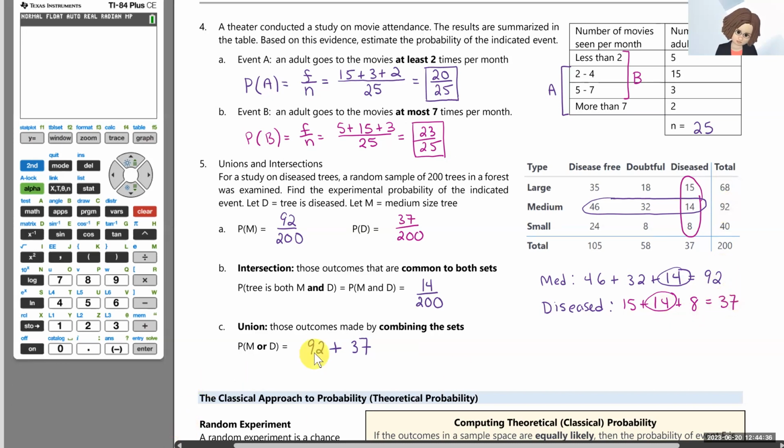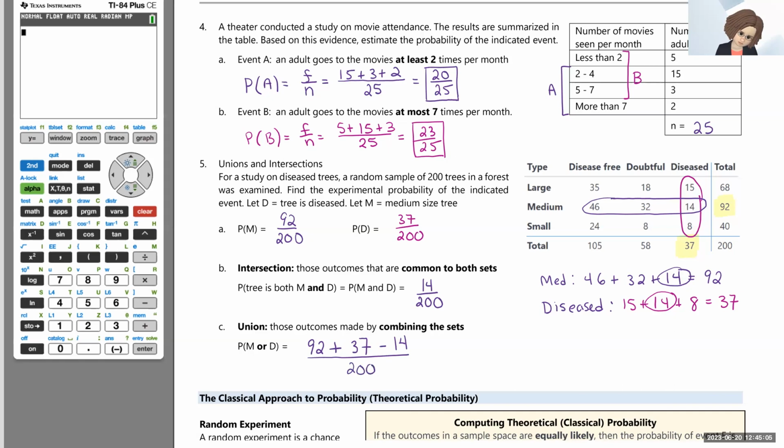And then what we do is subtract any trees that were in that intersection. Those will be the ones that were part of both groups that would have been double counted. So to get us to the correct answer, we can take the total and the total, as long as we remember to subtract the trees that were part of both groups, and then that will be out of, again, 200 trees.